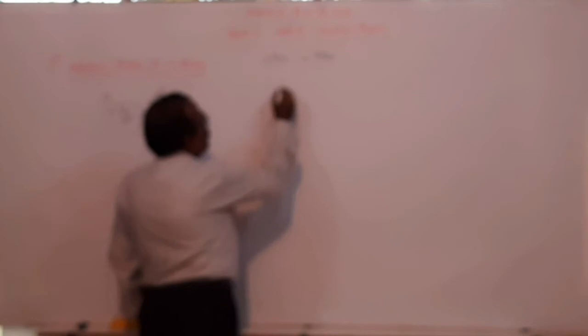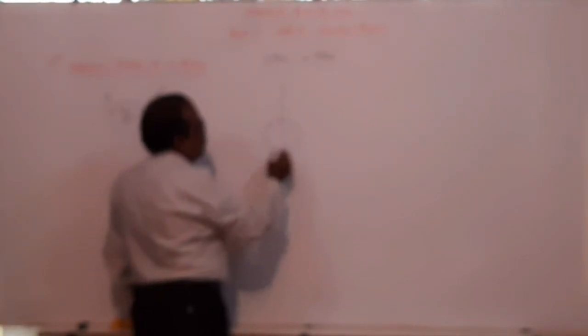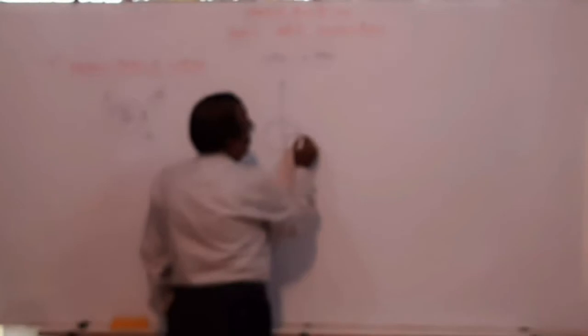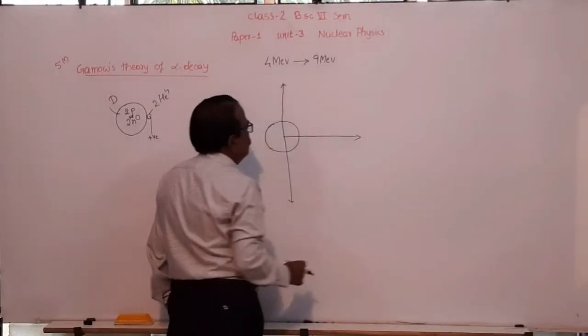So assume that this is initially the parent nucleus. Now this is the y-axis and this is the x-axis.